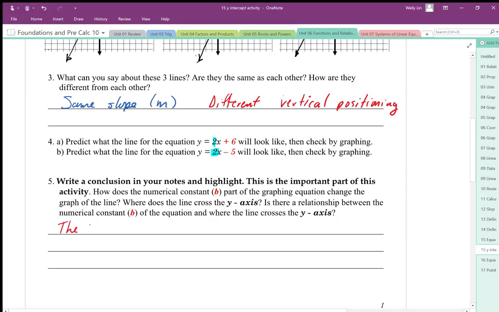So the numerical constant b, this is b in the y equals mx plus b equation, tells us where the graph crosses the y-axis.